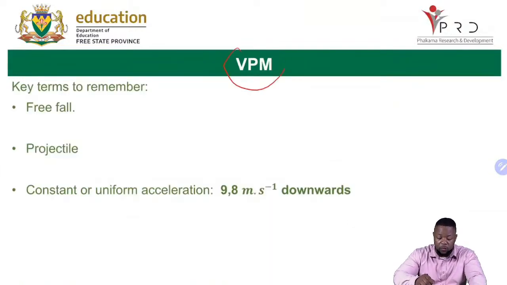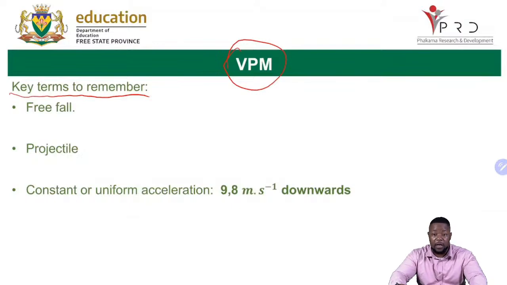Let's now go to vertical projectile motion. The key terms that are very important for you to remember in this topic are free fall and projectile. These two terms are key to remember before you attempt this topic, and we should refer to all the definitions from the examination guideline.